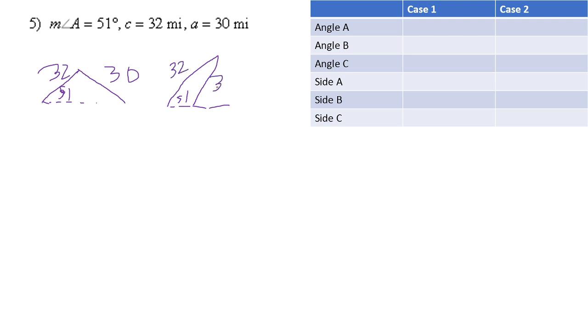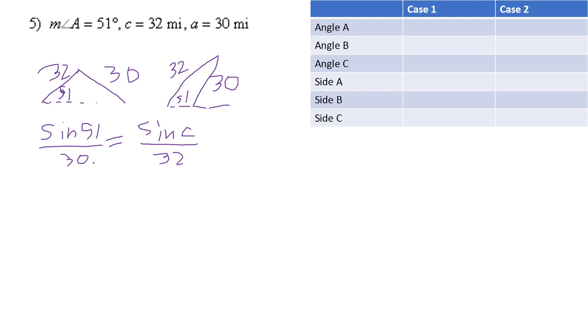So there's two possible triangles, and we have to be able to find them both. We're going to do law of sines just like normal. So sine of angle A over side A equals sine of angle C over side C. I have these two columns up here, just in case we do find out there's two possible triangles.